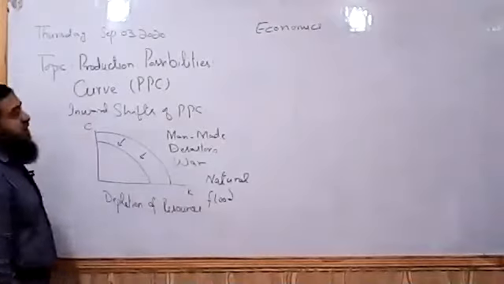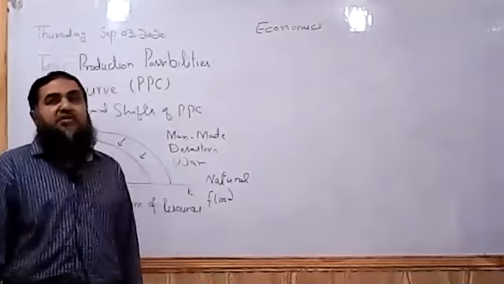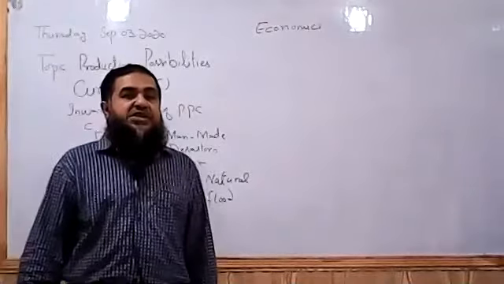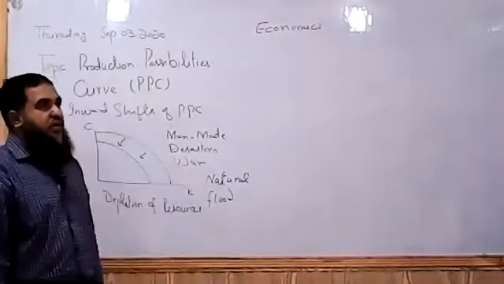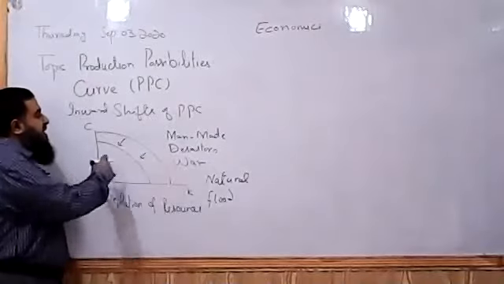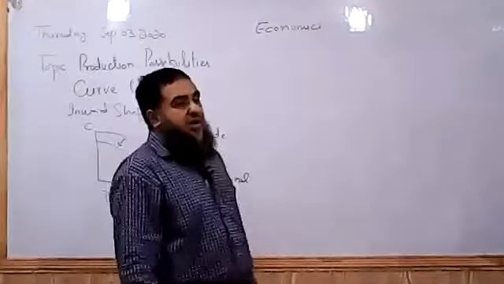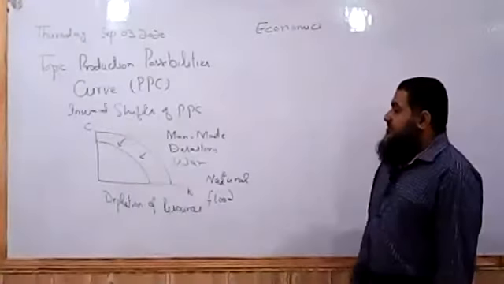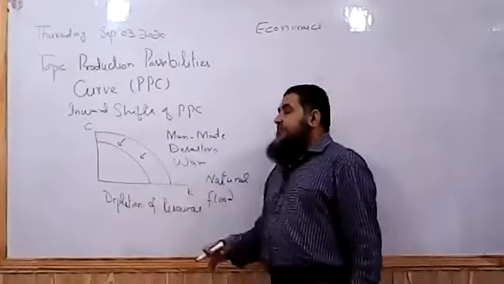Like we have overutilized the resources, we are running out of oil, we are running out of many of the precious resources of the country. When these resources are overutilized, they are depleting or we are having environmental degradation. So the overall potential of the country will decline, and if we haven't spent on diversification of resources or diversification of different types of goods, then ultimately our PPC will shift inward.